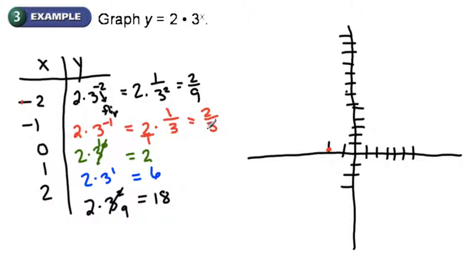-1, 2/3. So that's approximately 0.7. So we have -1 in that neighborhood. 0, 2; 1, 6; and then 2, 18 is going to be way up there somewhere. So your function is coming from the left, negative infinity, and it's, oh, pretend that is straight.